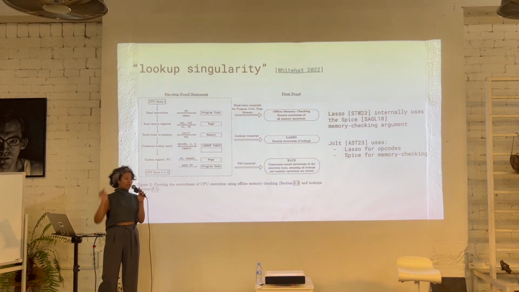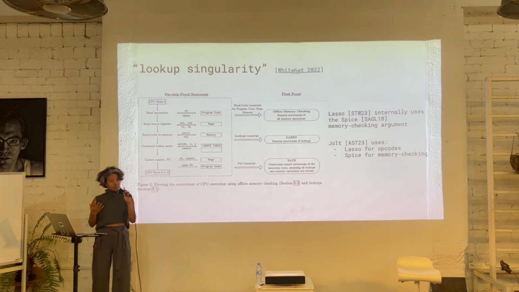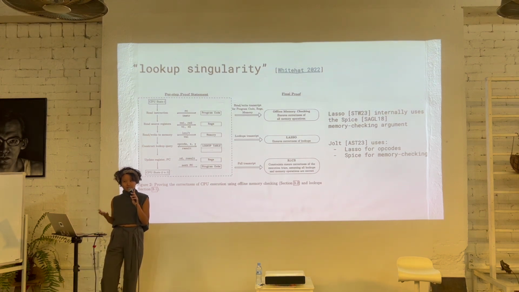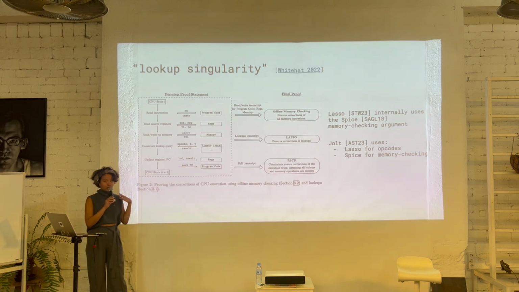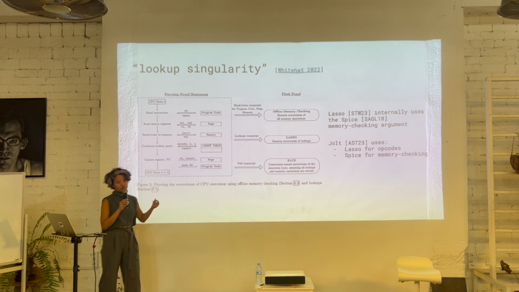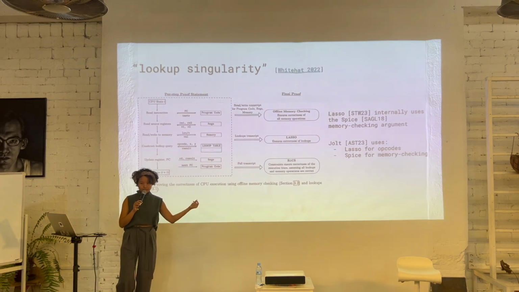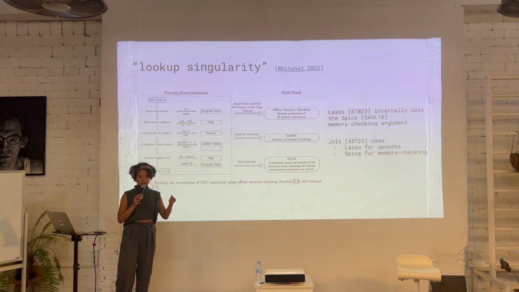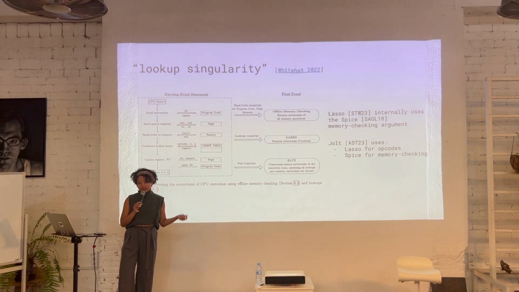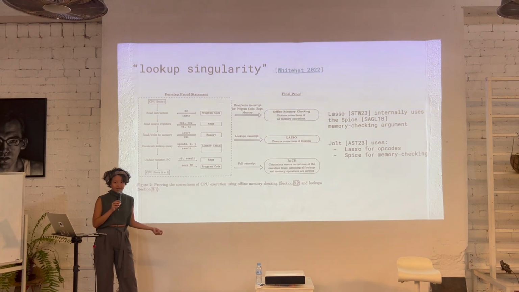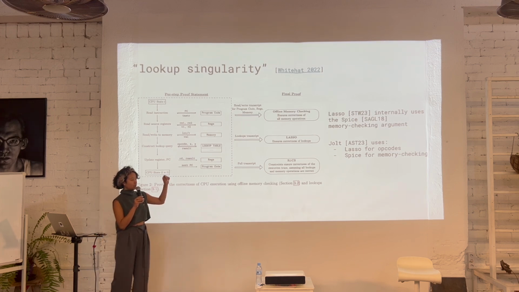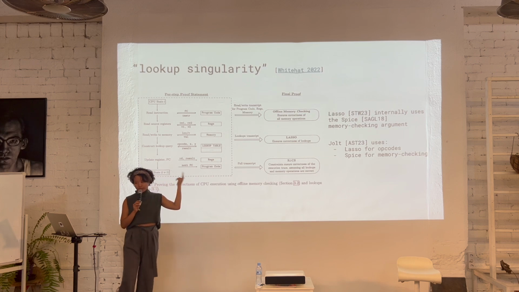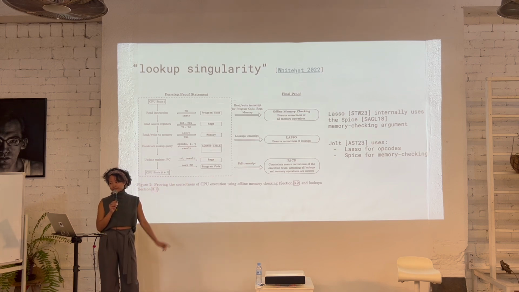And then our whole circuit would just be a series of lookups into these pre-computed tables. Jolt is an example of a zk virtual machine following this design principle. In Jolt, all instructions are indeed just lookups. And furthermore, they have a memory checking argument for the virtual machine's random access memory. Besides that, they just have a few very simple constraints to check that the lookup and the memory check is being done correctly.